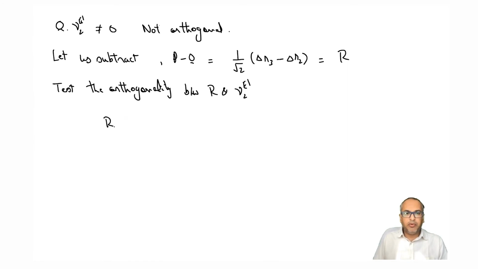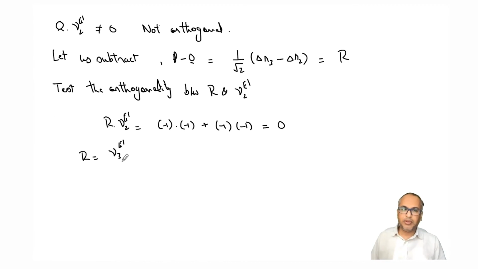That will give you, for delta R2, minus 1 here and minus 1 there, plus 1 into minus 1, and this goes to 0. So that means R can be treated as nu3. R is equal to nu3, the third vibrational mode which we are looking for.